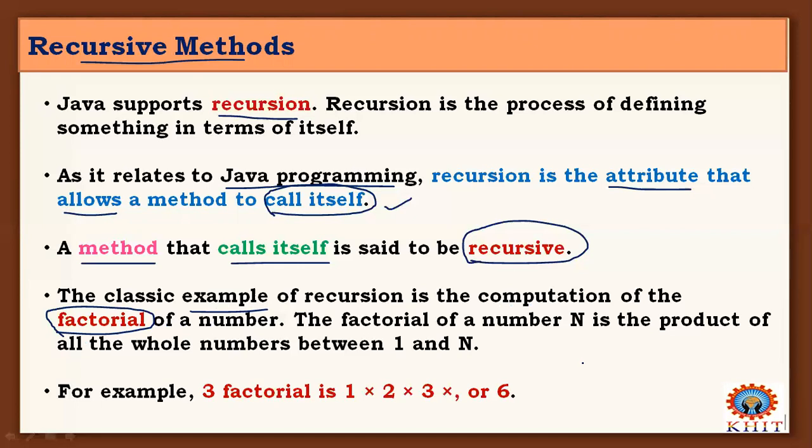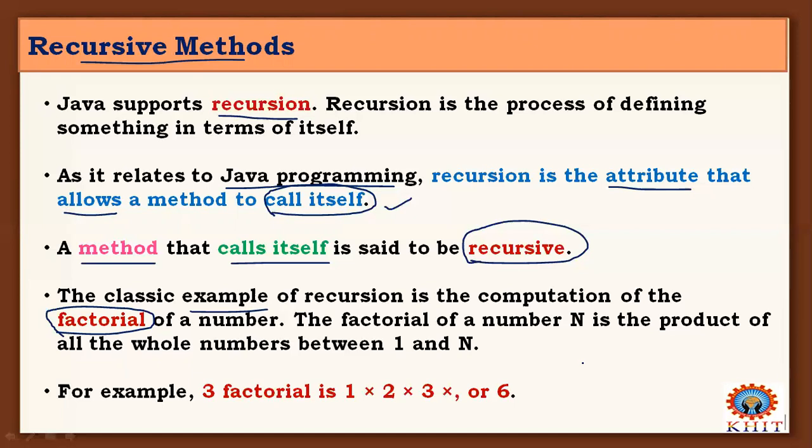We can solve this problem by two approaches: a recursive approach and a non-recursive approach. In the non-recursive approach, we define one method that finds the factorial without calling itself.